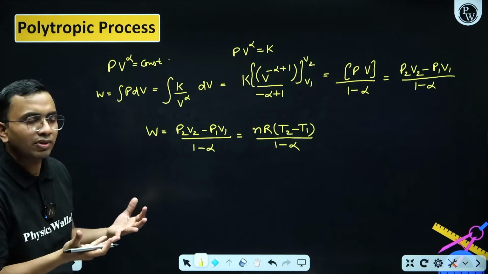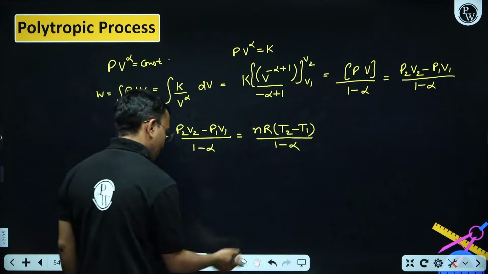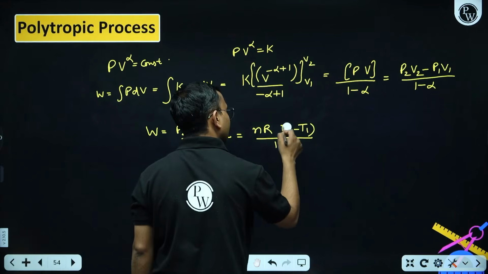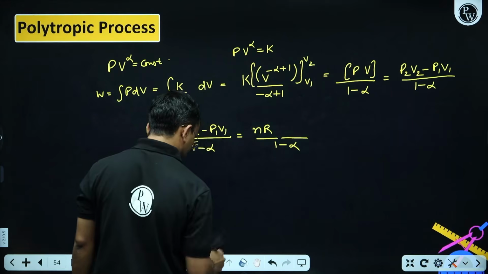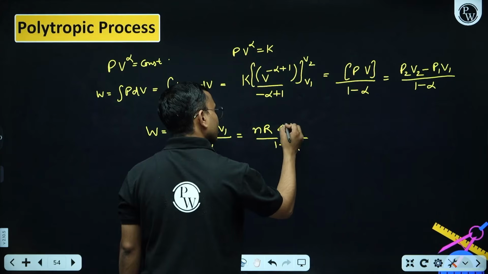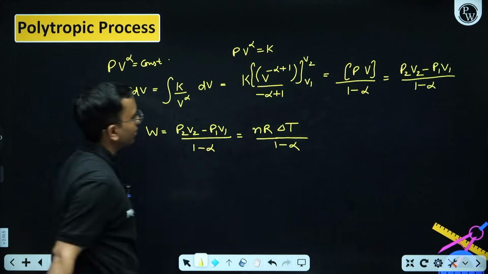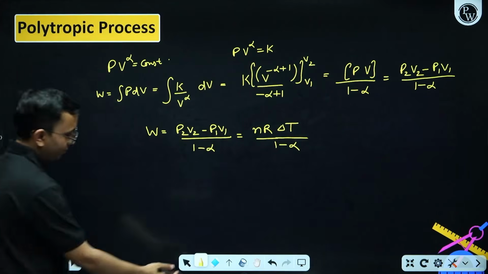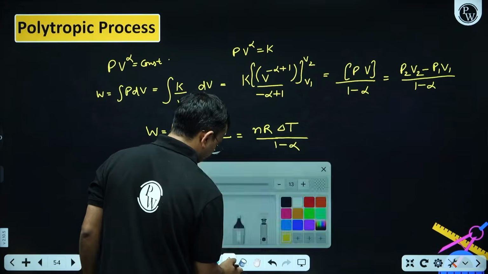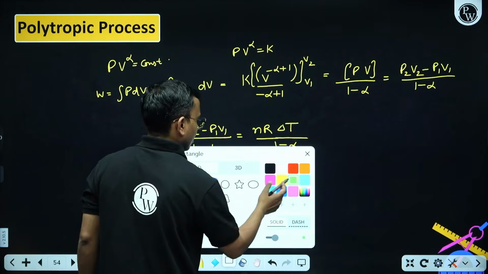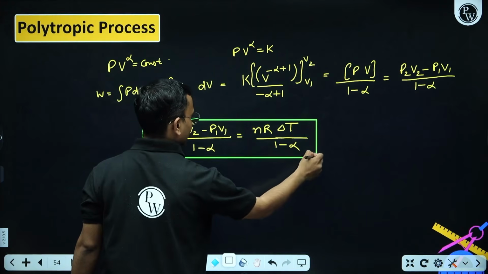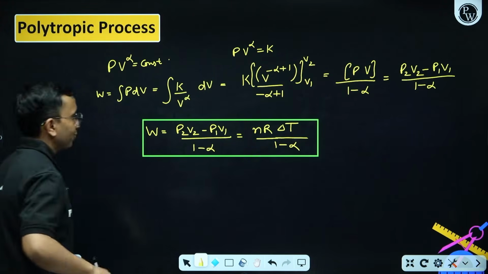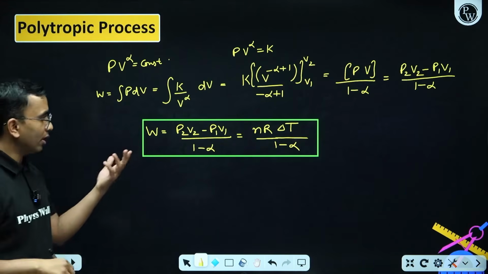You may write T2 minus T1 as delta T, so let me write it in a simpler way: nR delta T divided by 1 minus alpha. Okay, so work done, we got this expression.